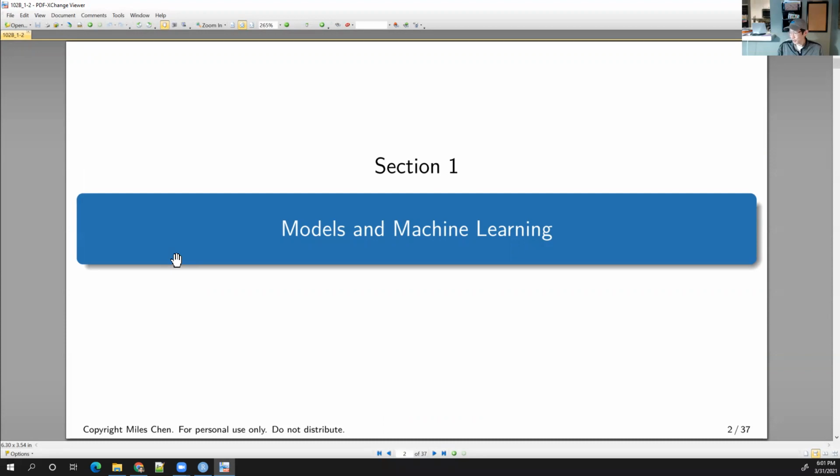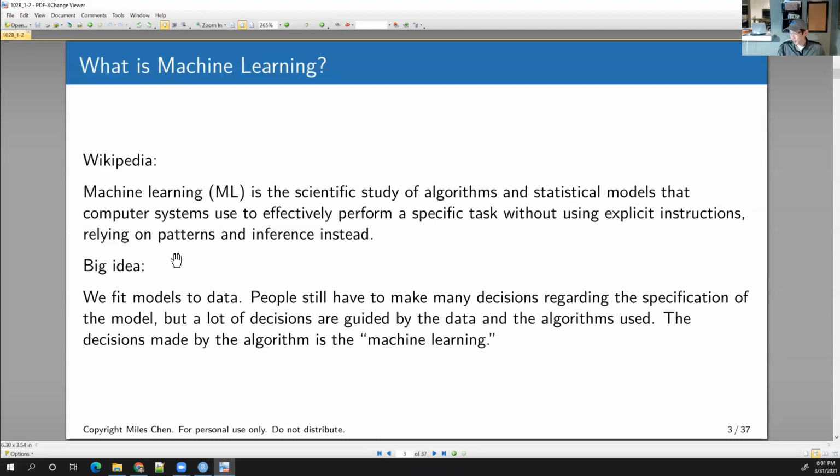Okay, so let's talk models and machine learning. And so first of all, what is machine learning even in the first place? This is what Wikipedia has to say. Wikipedia says machine learning is the scientific study of algorithms and statistical methods that computer systems use to effectively perform a specific task without explicit instructions, relying on patterns and inference instead.